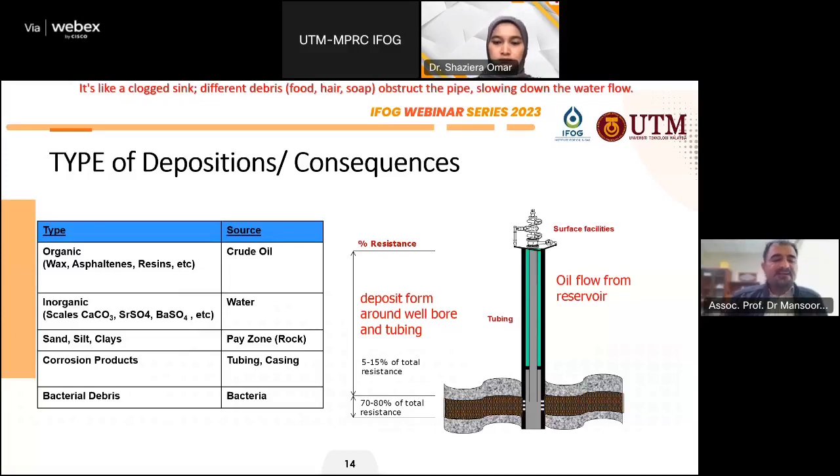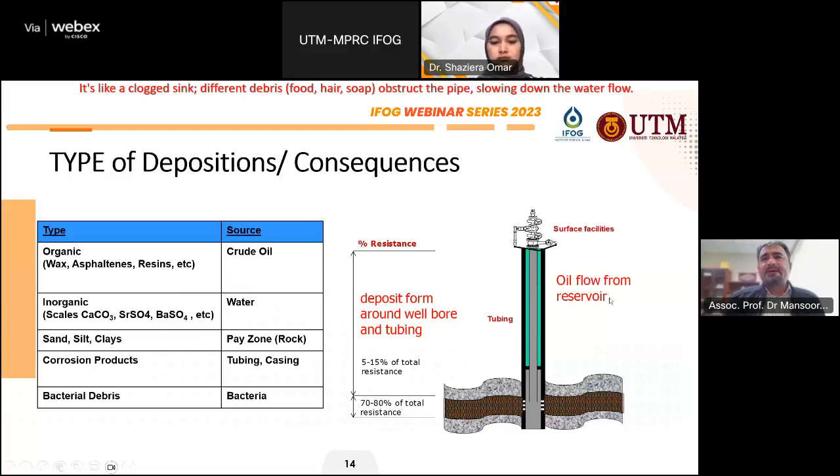Organic materials like wax and asphaltene can originate from the crude oil itself. Inorganic materials such as various types of scales can come from water. Sand, silt, and clay can be present in the formation rock, and corrosion products can come from the tubing or casing. Bacterial debris can also result from bacteria present in the well.